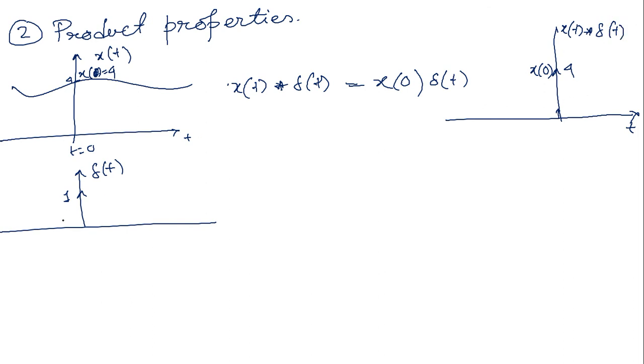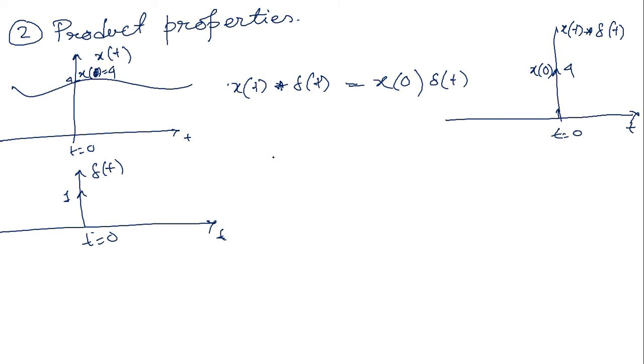Other parts are 0, because before t equals 0 it is 0, and 0 multiplied with this is 0. So finally, the product exists only at the t equals 0 point, and that is 4.